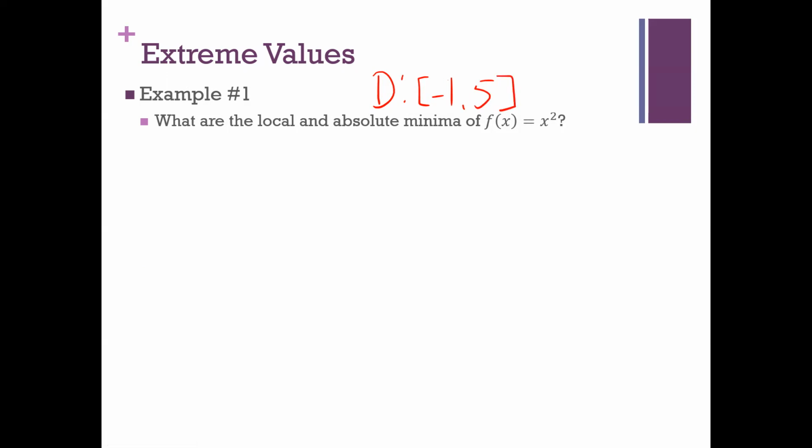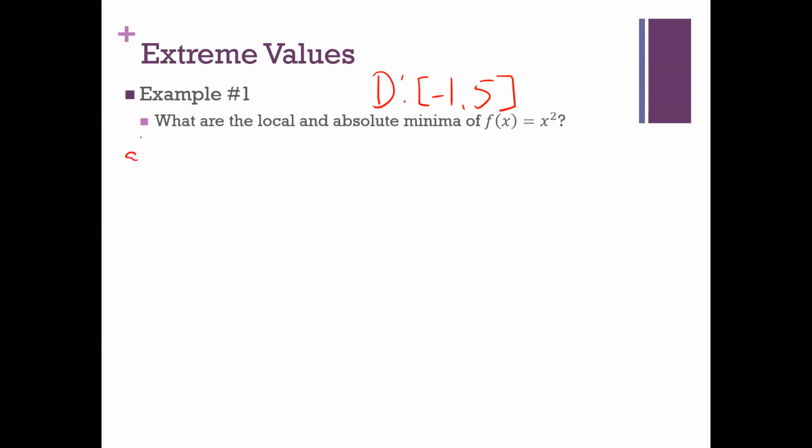So what do you want to do first, the local or the absolute extremes? Actually, I just want minimum points. Absolute, okay, yeah. Extreme doesn't narrow it down.